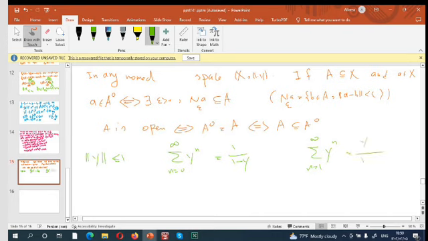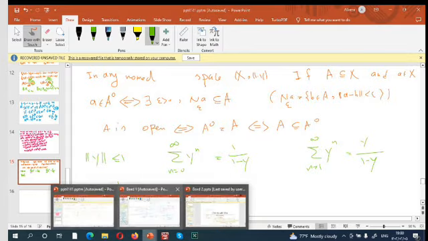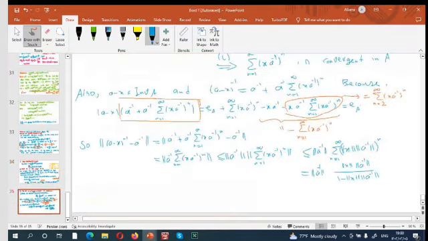Now this y in our theorem equals this element, and this is for this summation.